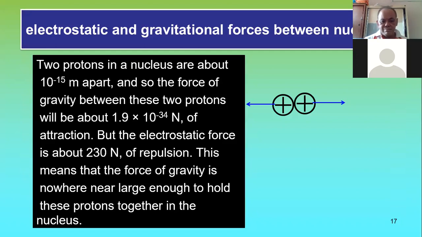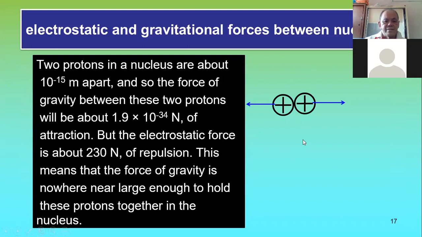We can calculate it out. Two protons in a nucleus are about 0.15 meter apart. That means the distance between the center of one proton and the center of the other, in contact.